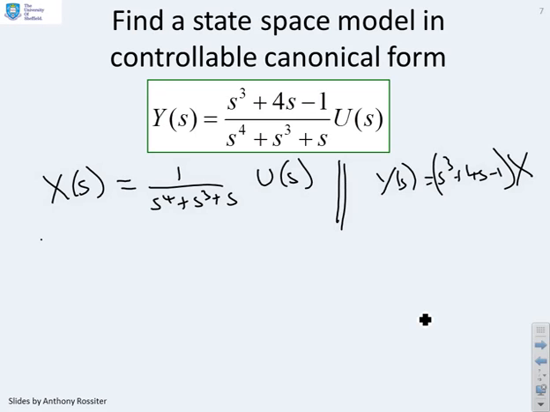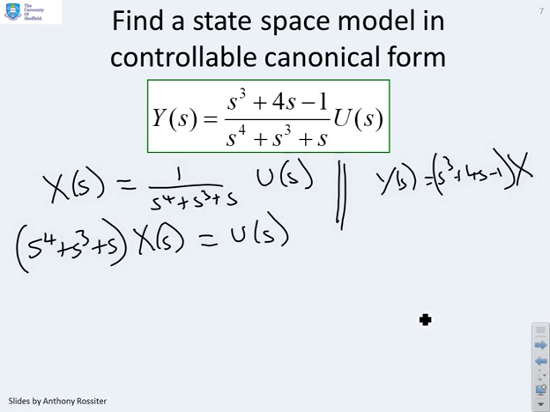So what we've got then is s to the 4 plus s cubed plus s into x of s equals u of s, or if I write these as differential equations, I'm going to have x 4 dots plus x 3 dots plus x dot equals u.